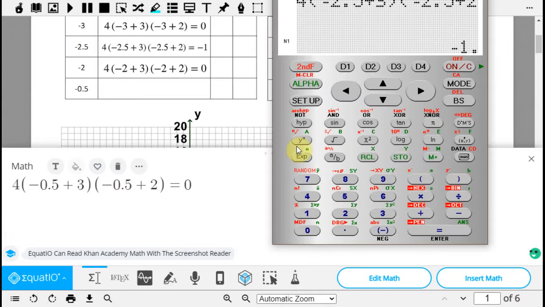This has some decimal values, so I'll put it into my calculator. And that works out to 15.